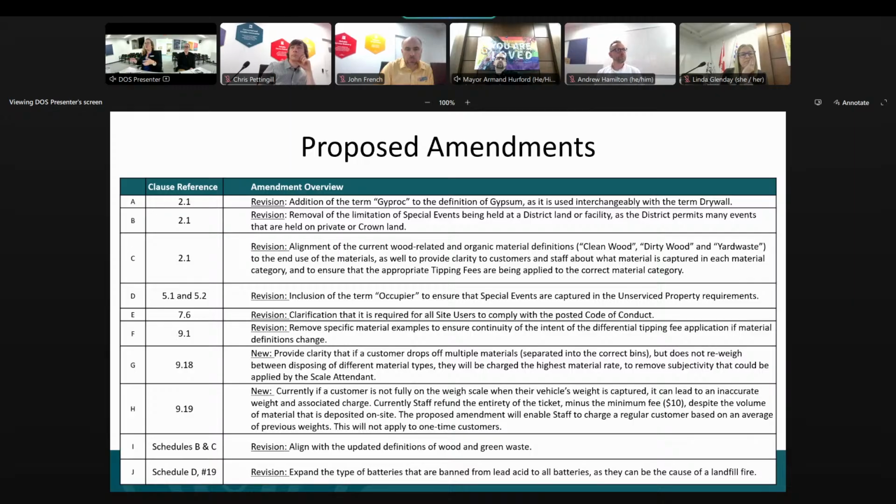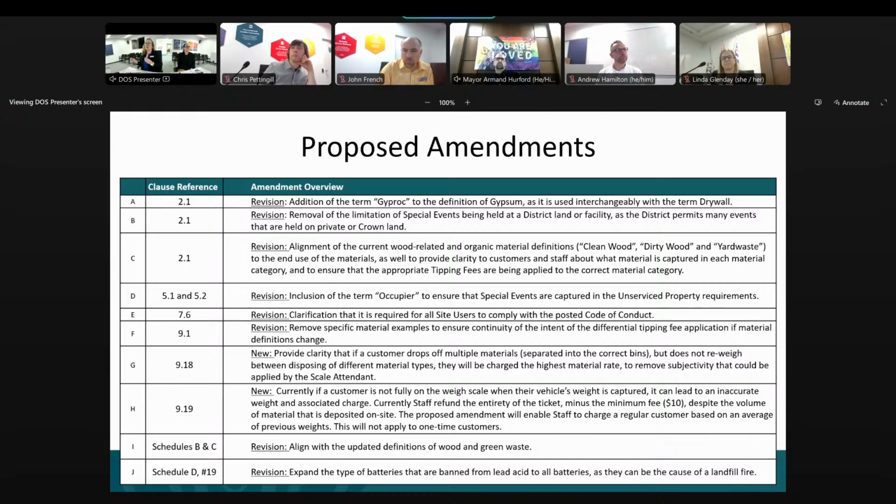So we say the occupier must separate their garbage and compost at events. However, on surface property requirements, which are those properties that do not have our curbside collection, we currently have in the bylaw only owner. So we're just making sure that a temporary use is also required to separate.